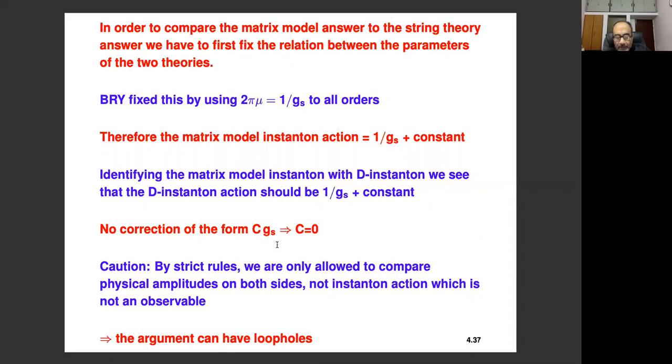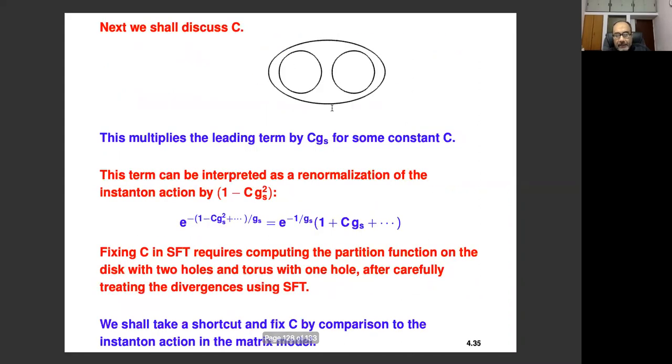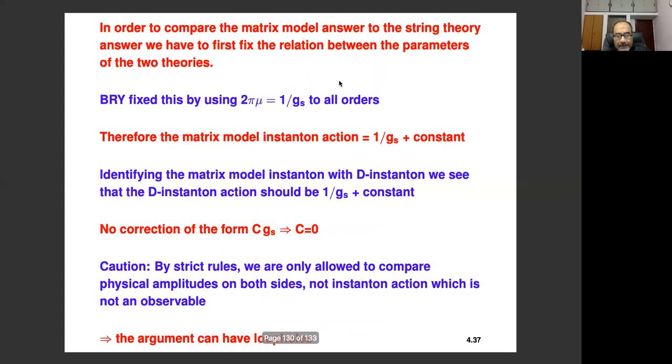What we are allowed to compare are physical amplitudes, S-matrix elements. For that, you really should go back and calculate in string field theory and see what you get, because that's what enters the expression for the S-matrix. So comparing instanton actions gives a nice result, but not a rigorous one.